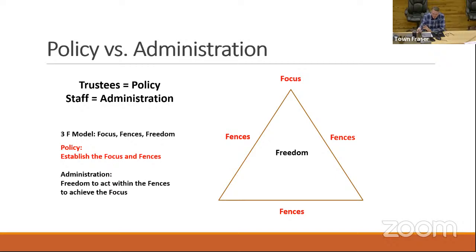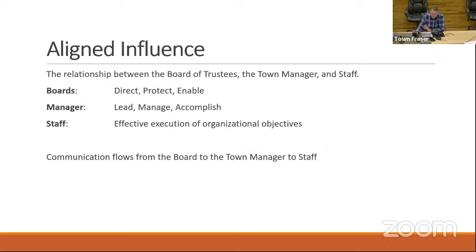Another way of looking at that, we'll move on to this next slide, is something called aligned influence. And this pretty much describes the relationship between the Board of Trustees and the town manager and staff. Your town Board of Trustees provides direction. They are there to protect and enable staff to achieve those objectives.